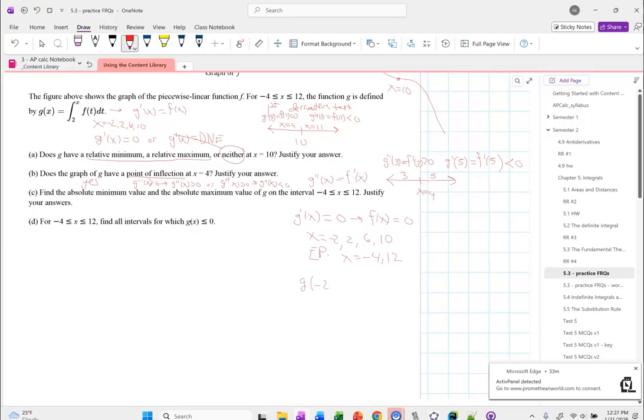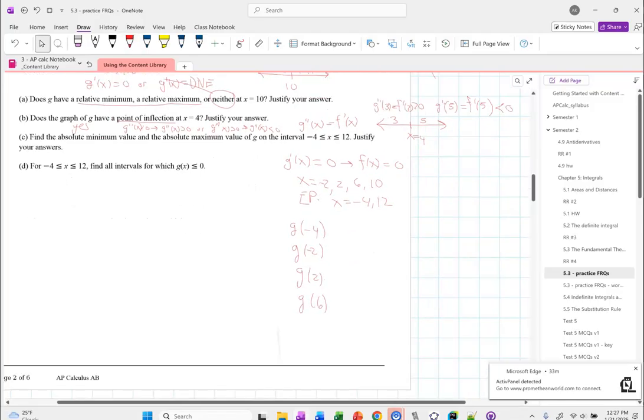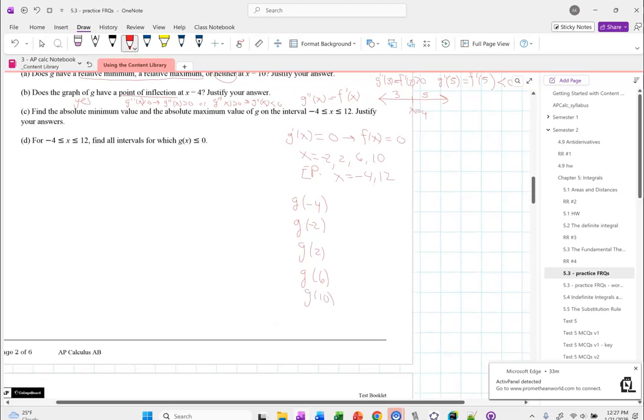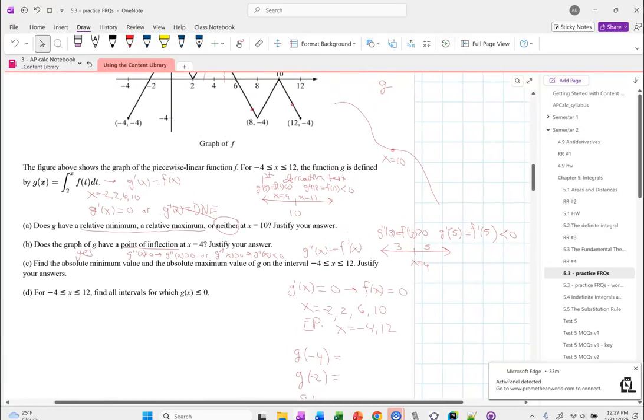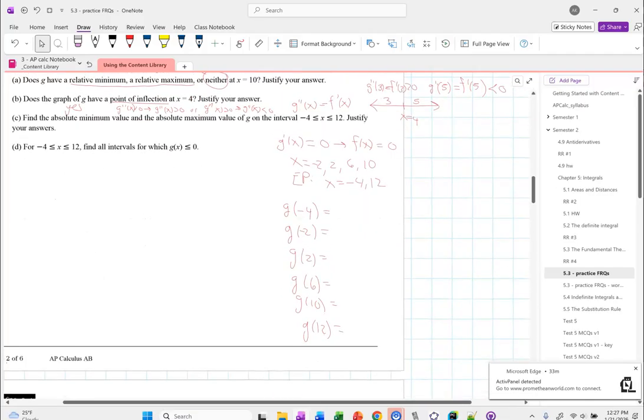So I'm going to compute those values. Very good. Okay, let's write it down.